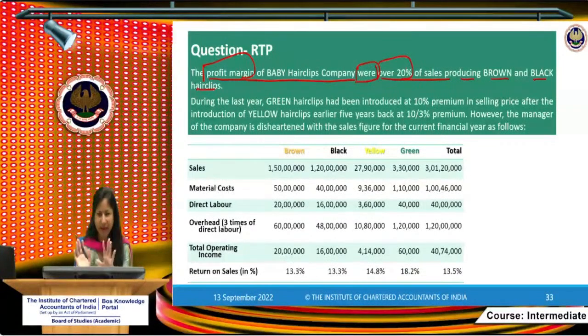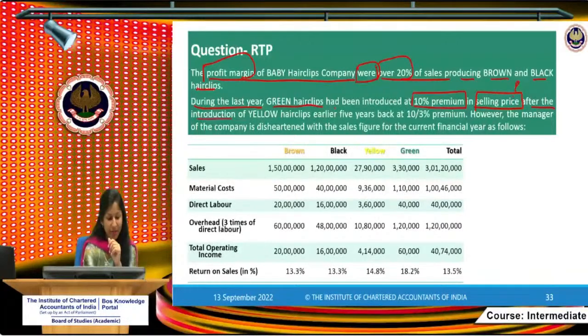That is past information. Next, during the last year, again past information, green hair clips had been introduced at a 10% premium in selling price. What selling price do we have right now? No, at present we don't have that information in this slide.